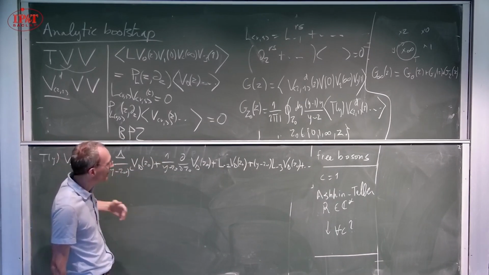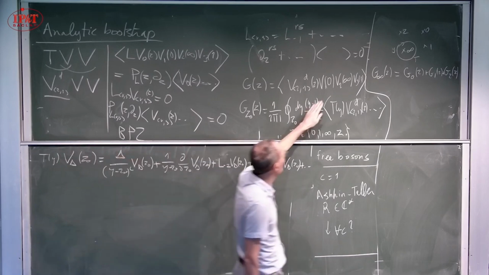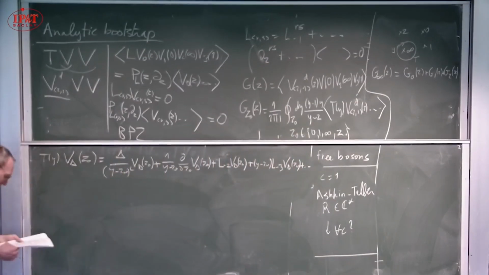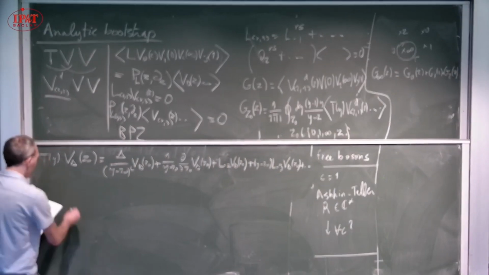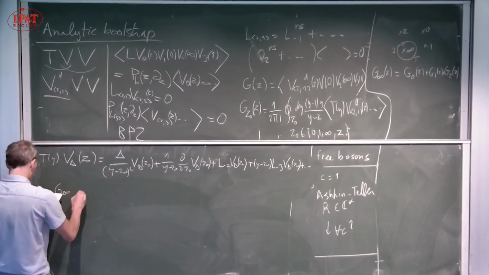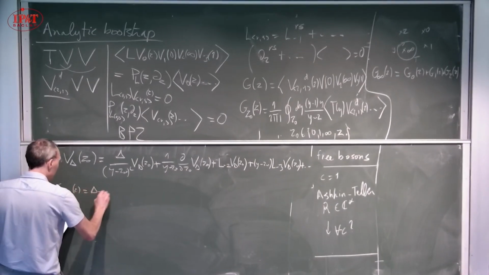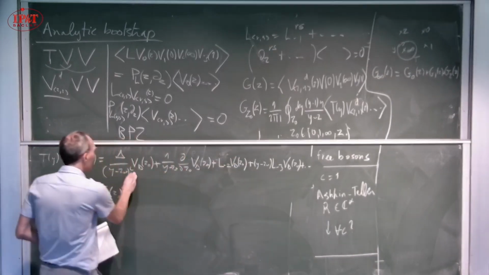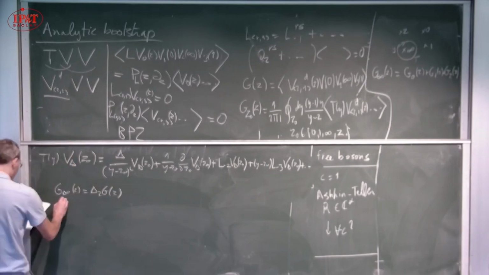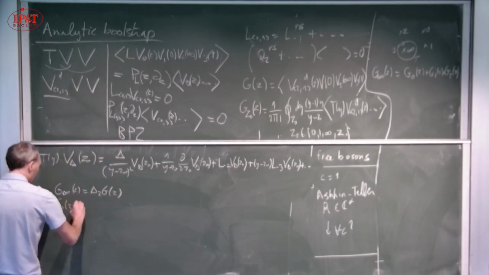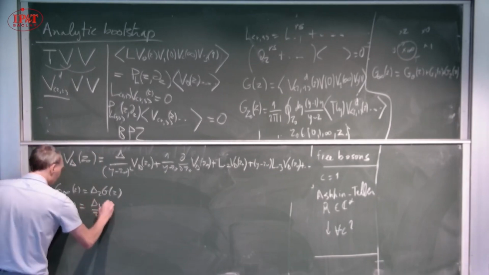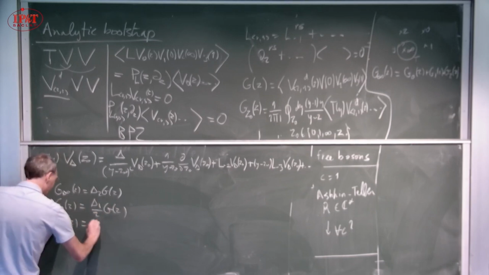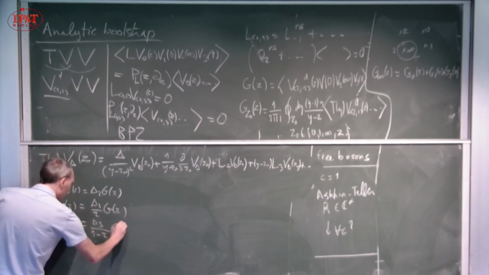So eventually, we won't get any derivative with respect to the positions of these fields, which are 0, 1, and infinity. And what we get instead are the following. G infinity is just delta 2 G of Z, because this contour integral only picks the first term around infinity. And similarly, G0 is just delta 1, and G1 is just delta 3 over 1 minus Z, G of Z.